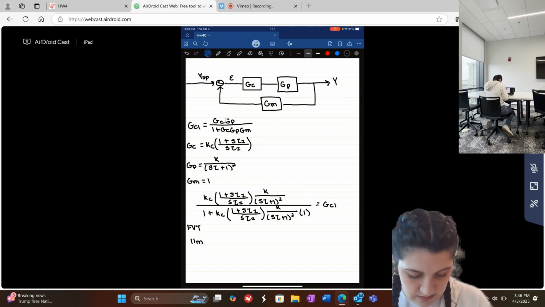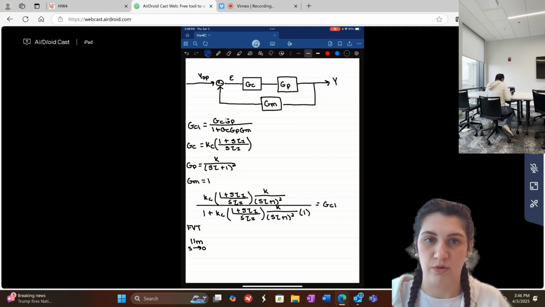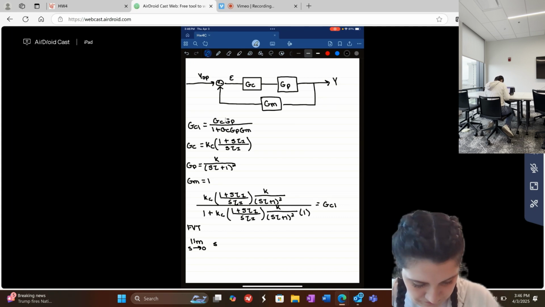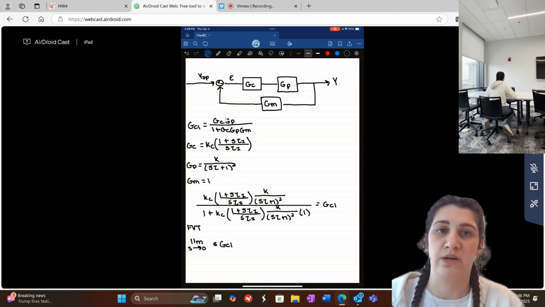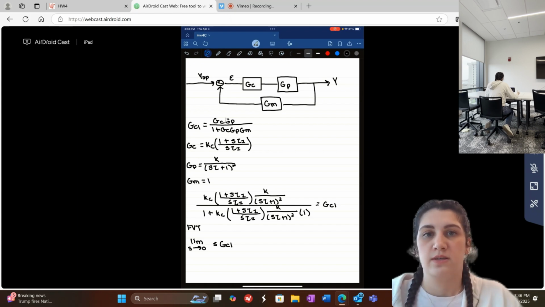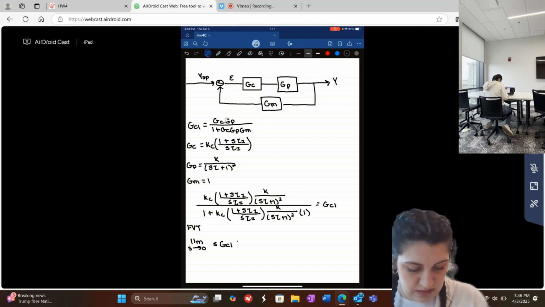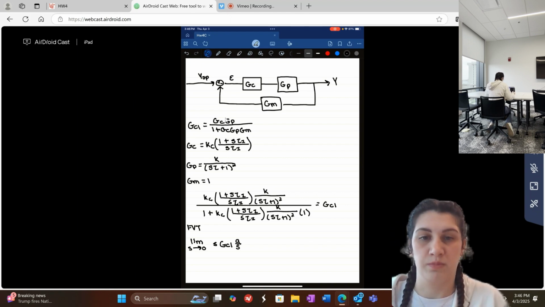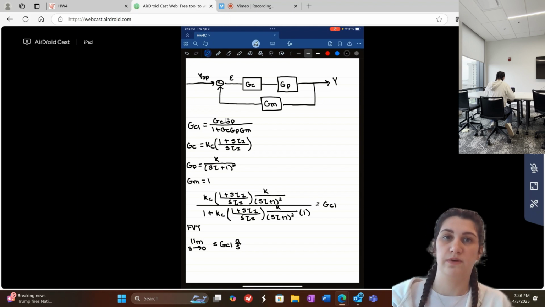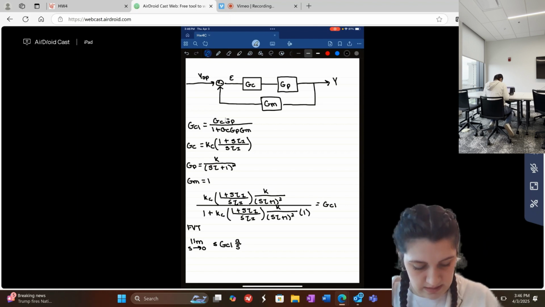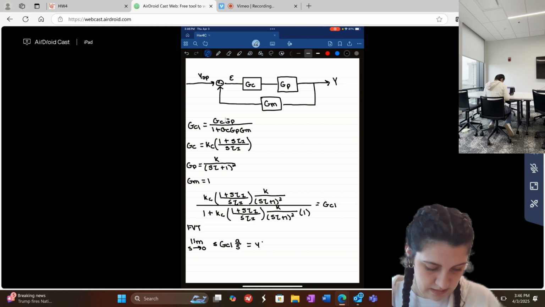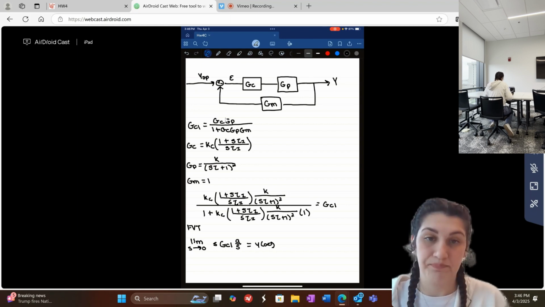Now, to evaluate this using the final value theorem, what we want to do is take the limit of this as S approaches 0, and we want to multiply by S. S times GCL, and since we are going to be deviating from steady state, we need to have a step, so we're going to have A over S, since that's the Laplace transform of a step function, and this is all going to be equal to Y at infinity.